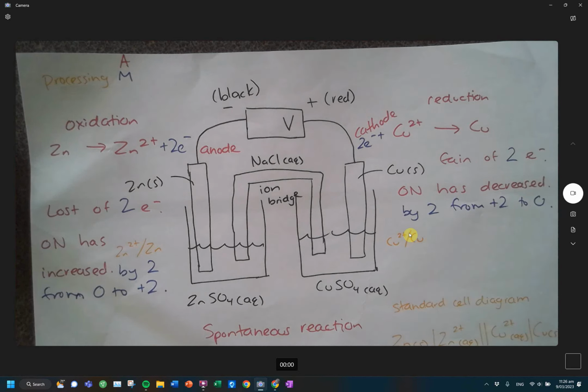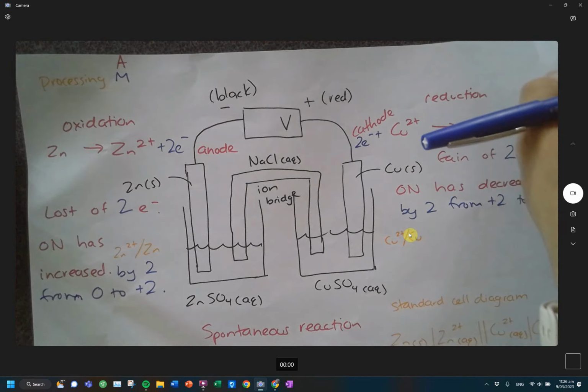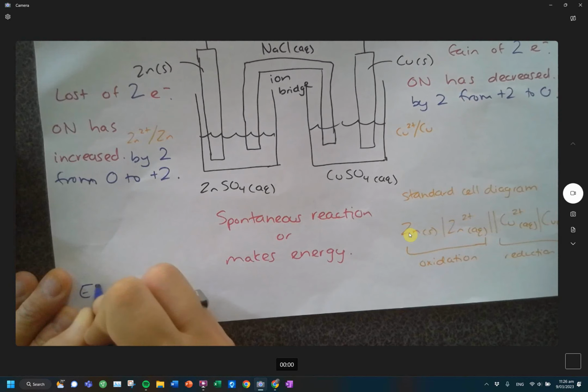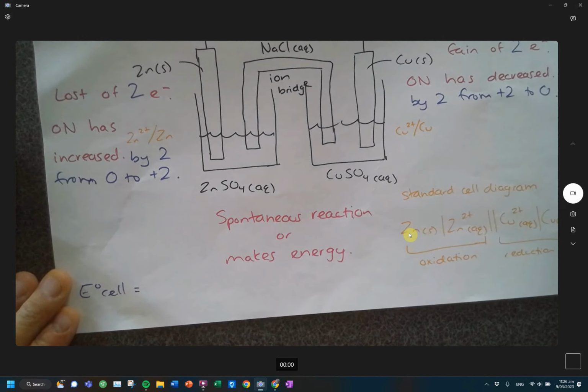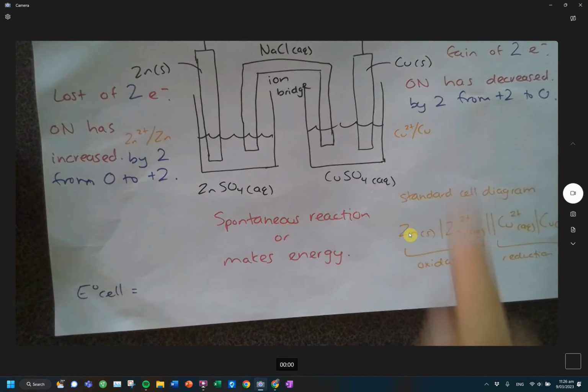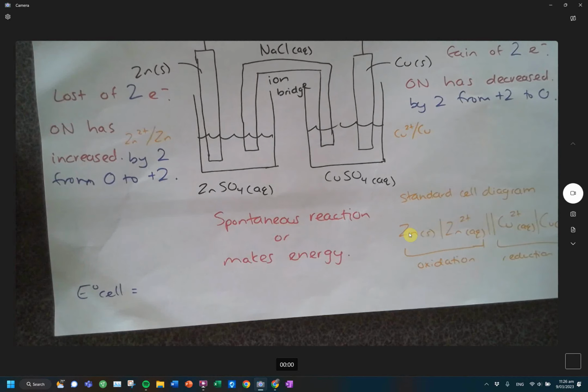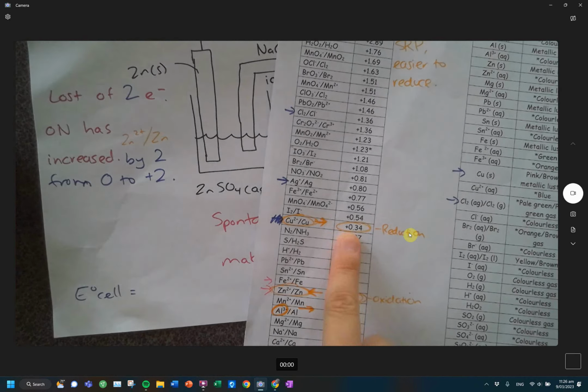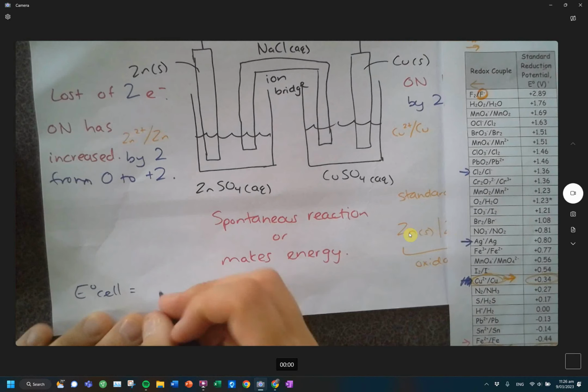The other thing that's new, or sorry, that's old, is doing your E cell calculation. So for the E cell calculation, remember, we take our reduction reaction and we subtract the oxidation. So my reduction reaction with the copper, was it reduction? What is oxidation? Yes. All right, look for my list for copper. It's 0.34.